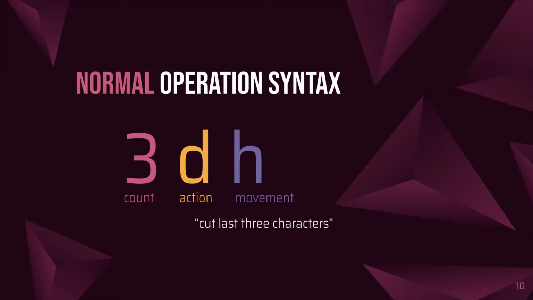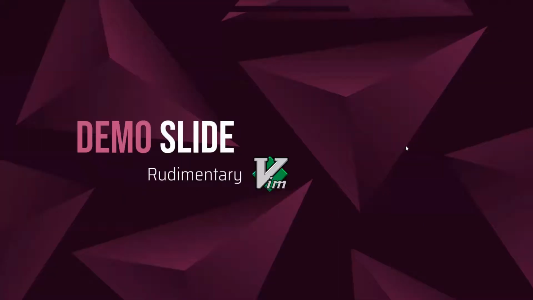For the fast baseline section of the talk, you're going to learn, I believe, 7 actions and 8 motions. These can be combined in any order and mixed with a count, which gives you this exponential size of things you can do. So it's really just limited by your own creativity. So I'm just going to show you the most basic version of Vim.